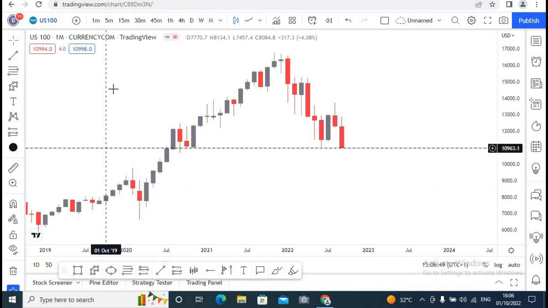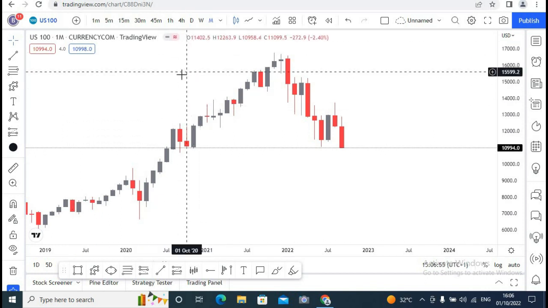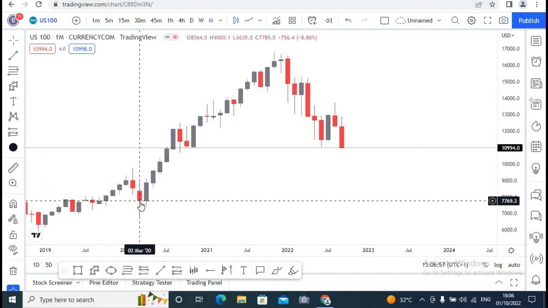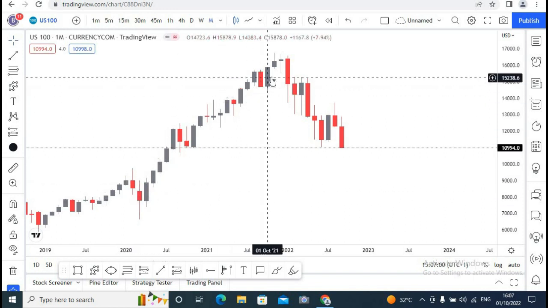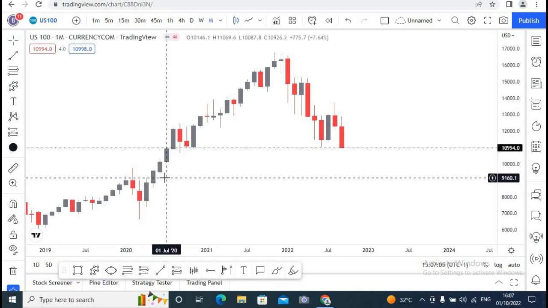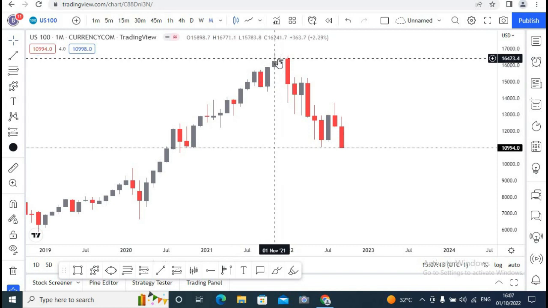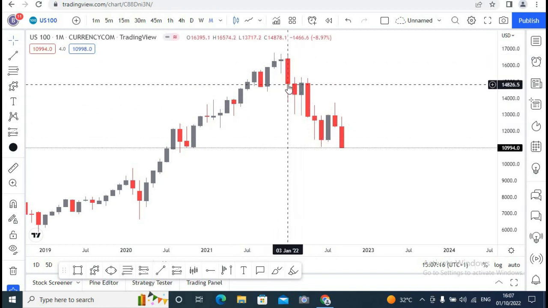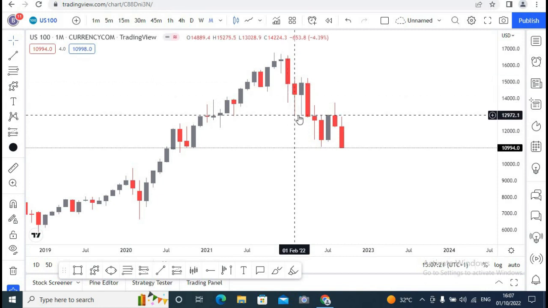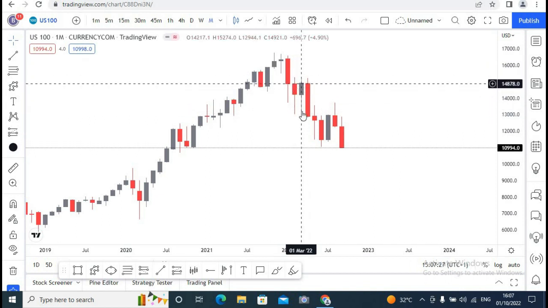So guys, as you can see on our chart here, we have Nasdaq, and this is our monthly time frame. So what you have to understand, whenever price is going to the upside, they create what we call a bullish trend, and then they will also create the opposite candlesticks, which are bearish candlesticks. And whenever price is going to the downside, they'll create what we call a bearish trend, and also they can create what we call a bullish opposite candlestick while the price is going to the downside.